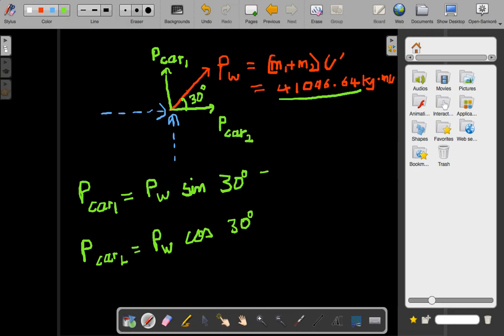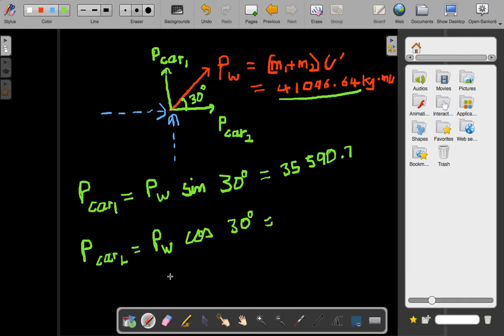If you were to solve this, we would get 590.7 kilograms times meters per second.